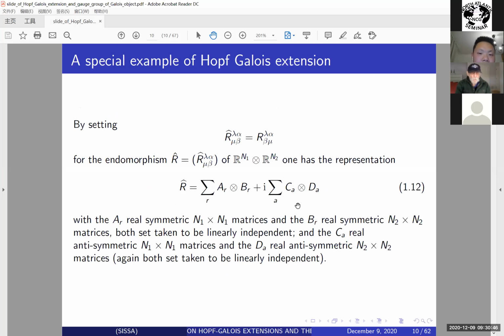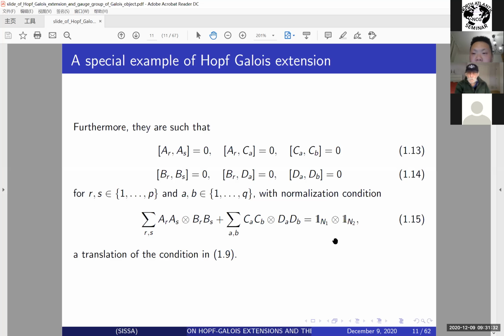Okay, so by exchange of the index of mu and lambda, mu and beta, we can define a new endomorphism R hat, which is endomorphism of Rn1 tensor Rn2, and then this matrix can have representation by several matrices AR, BR, and CA, DA, where AR are real symmetric N1 matrices, and BR are real symmetric N2 matrices, and CA are antisymmetric N1 matrices, and DA are real antisymmetric N2 matrices, and all of them are taken to be linearly independent.